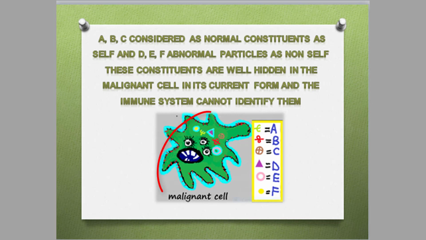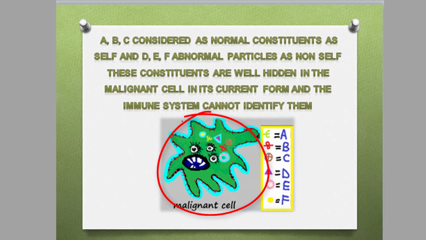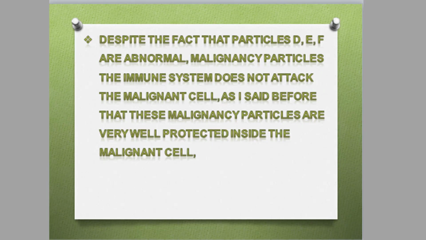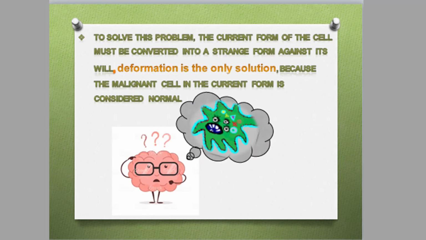These constituents are well hidden in the malignant cell in its current form, and the immune system cannot identify them. Despite the fact that particles D, E, F are abnormal malignancy particles, the immune system does not attack the malignant cell. As I said before, these malignancy particles are very well protected inside the malignant cell.